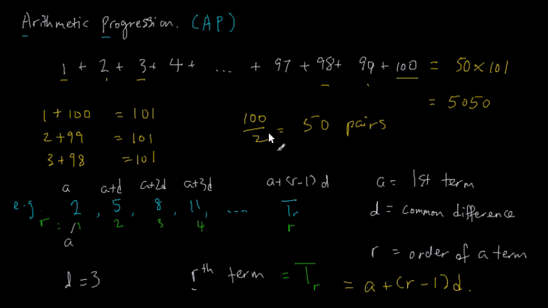And we can find that just by taking the total number of terms, divide that by 2. So all we need is to find the total number of pairs and multiply by the sum of the first and the last term. So remember this description, because this is exactly what I'm going to do now to make a formula.